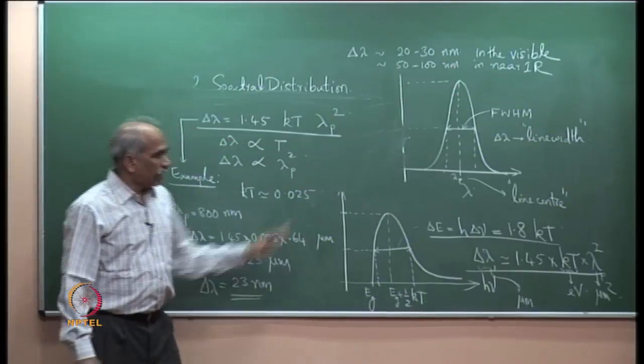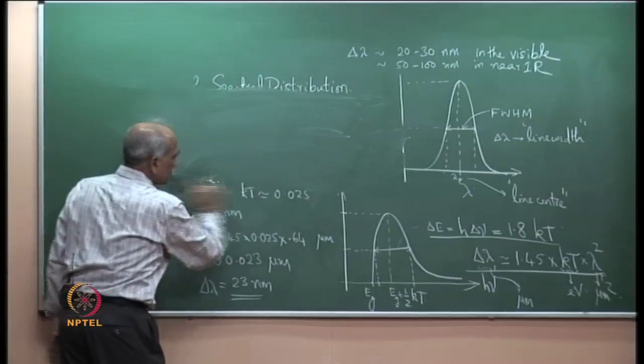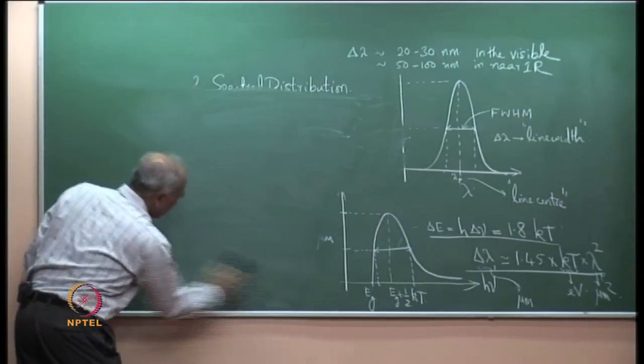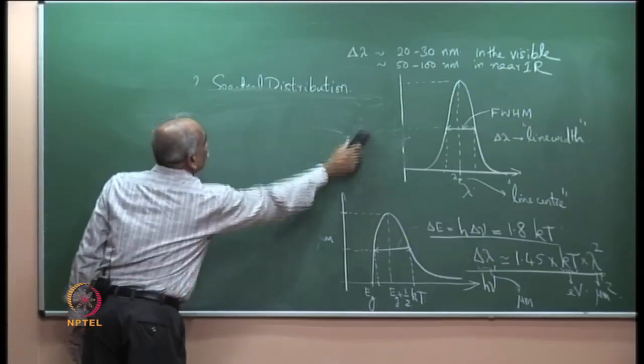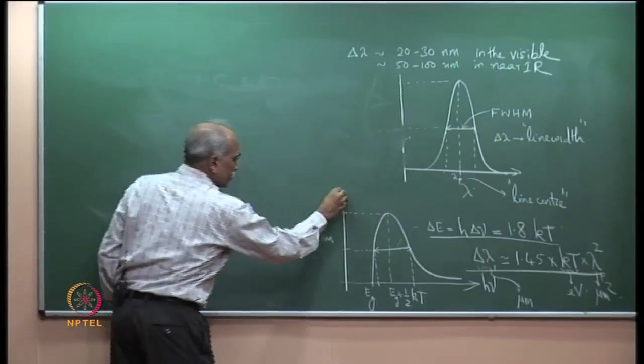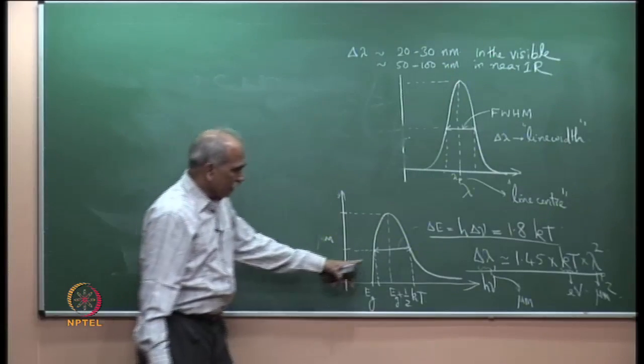All right. So I come back to this graph. If this is the spectral distribution that we have got, if you increase the temperature, what do we expect?